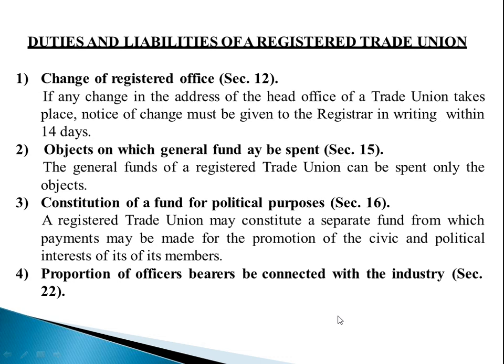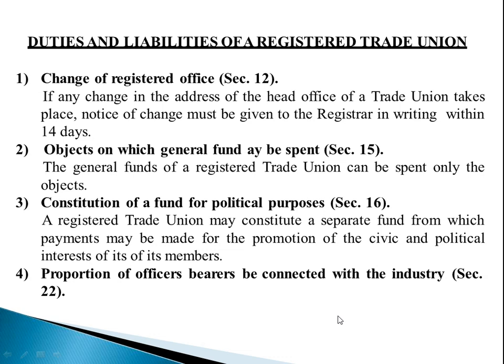That is what the objects on which the general fund is spent means. Whichever amount they spend has to be properly utilized only for the objective. For example, if I am using 10,000 of the trade union's funds, maybe they want to spend that money on an employee who is unable to cope with the expenses of day-to-day income.